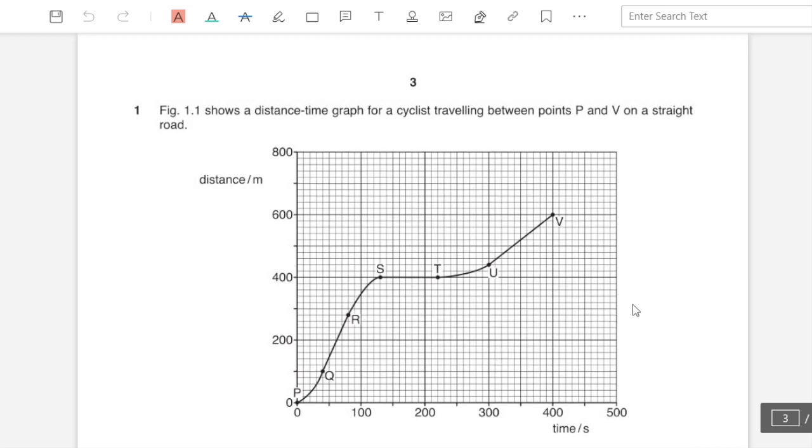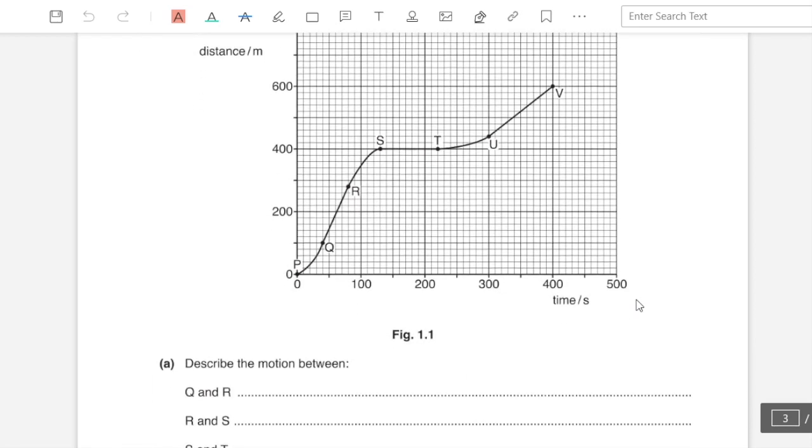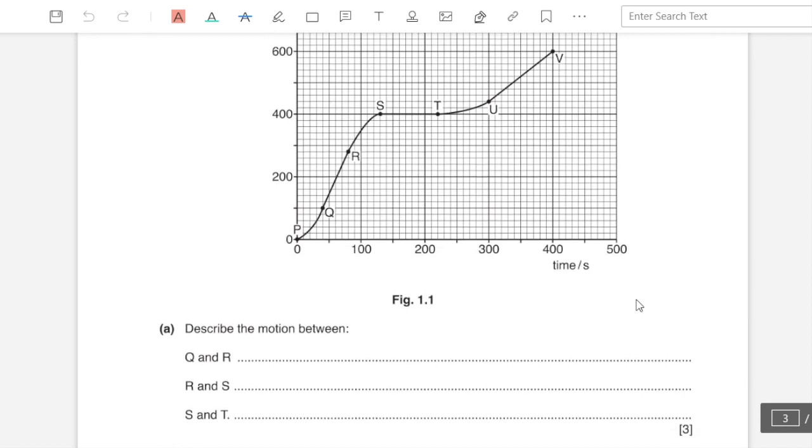Starting with question number 1, figure 1.1 shows a distance time graph for a cyclist traveling between points P and V on a straight road. A. Describe the motion between Q and R. So Q and R shows constant speed.